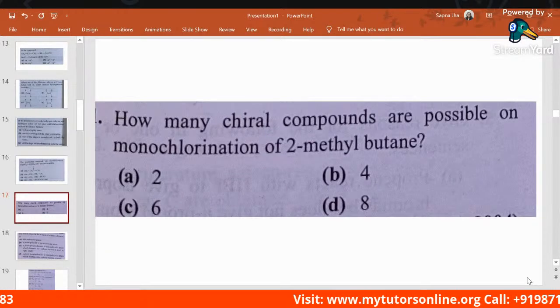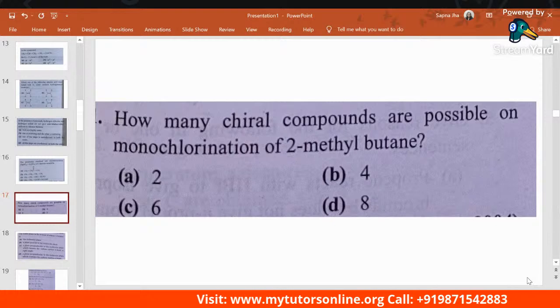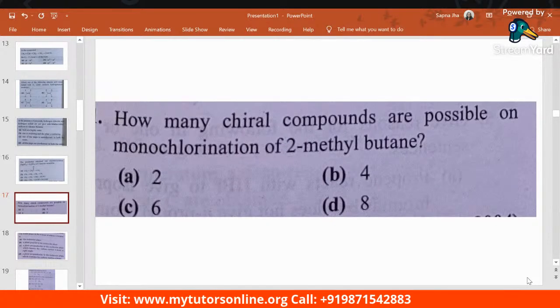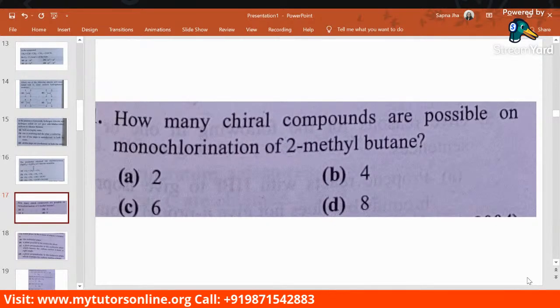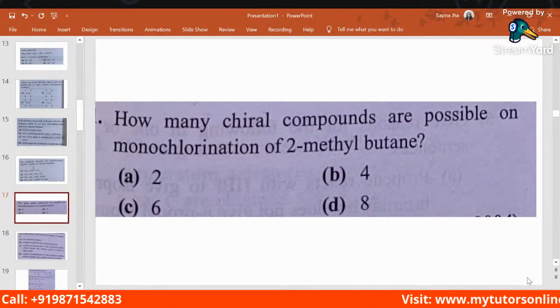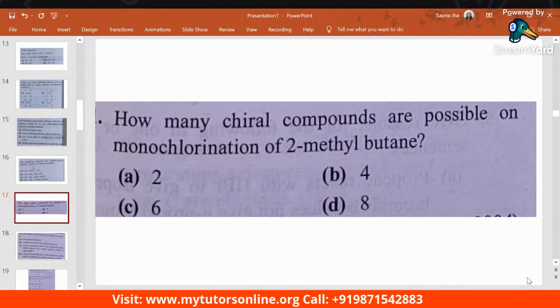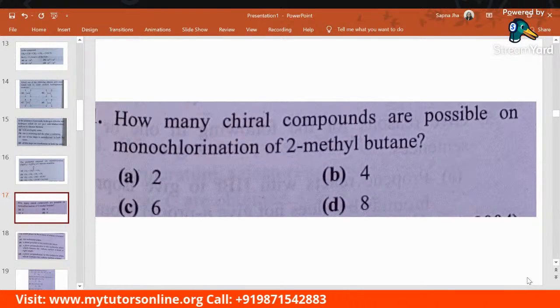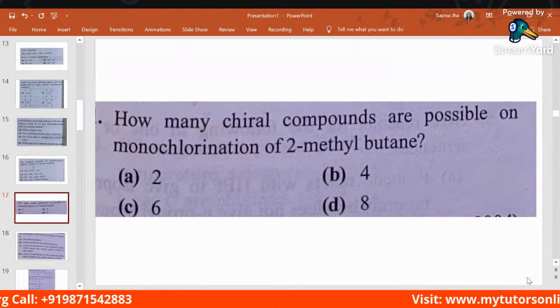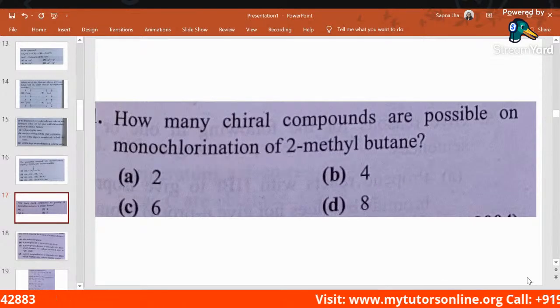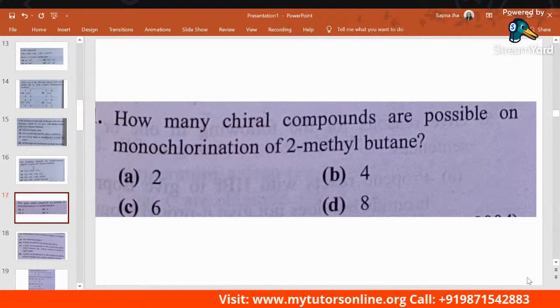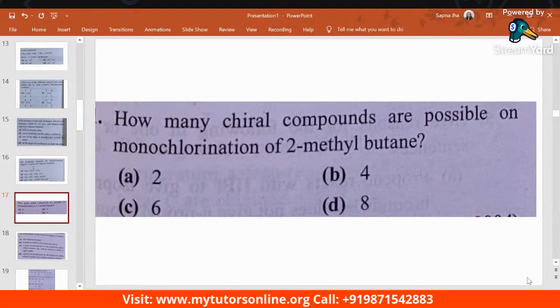Okay, others also try fast. Yes, Ananya, hard. The question is, how many chiral compounds are possible on monochlorination of 2-methyl butane?